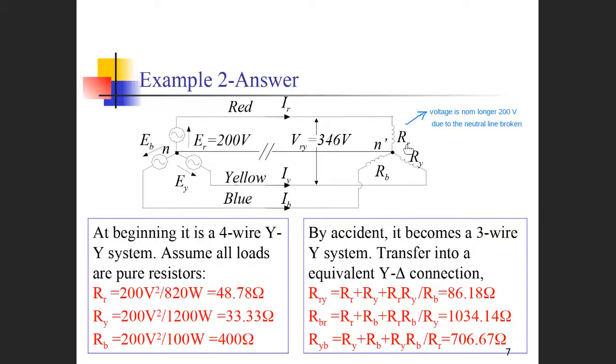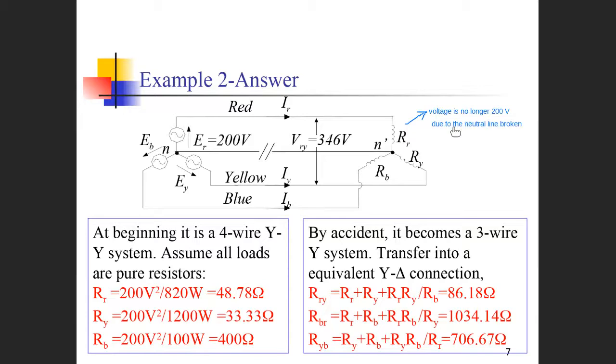Remember, if it is a 3-phase star 4-wire system, then each load here is getting 200 volts. However, due to the neutral line being broken, the voltage to each load is no longer 200 volts. That's the key issue.